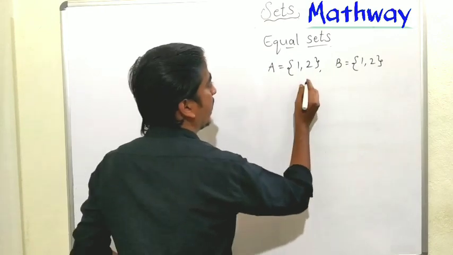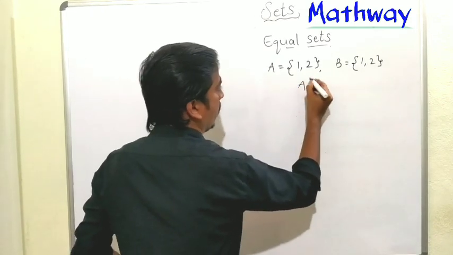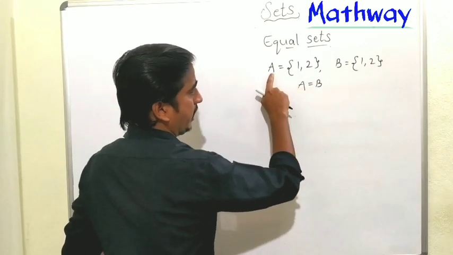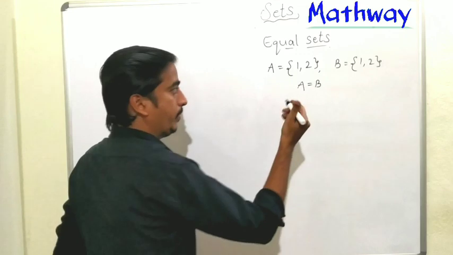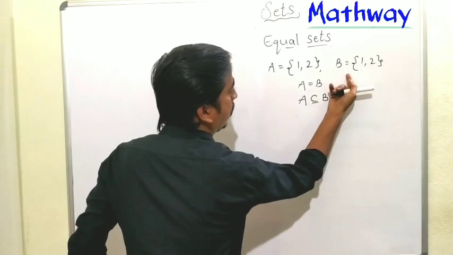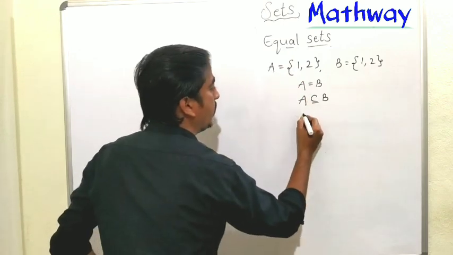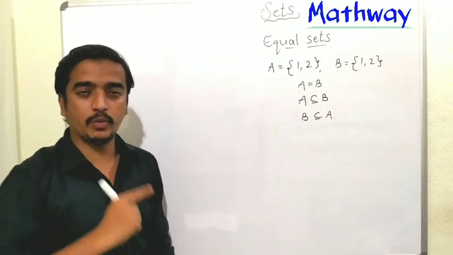So we can write it as equal sets. It means A = B. And also you can say that A is a subset of B, A is a subset of or equal to B, and B is also a subset of or equal to A. So this is about equal sets.